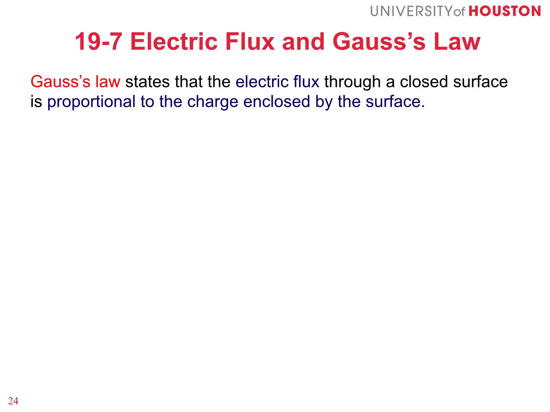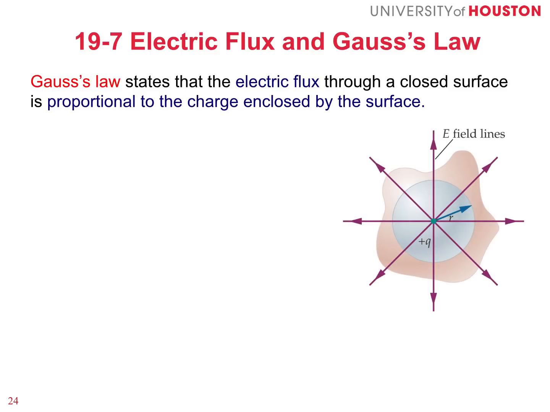A use of electric flux is in Gauss's law. Gauss's law states that the electric flux through a closed surface that surrounds a charge is proportional to the charge itself. Here we have the definition.